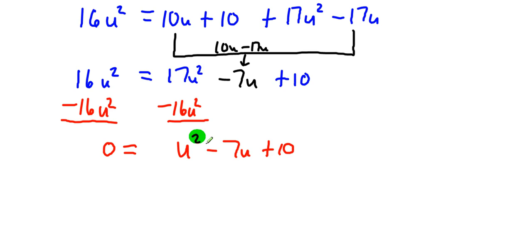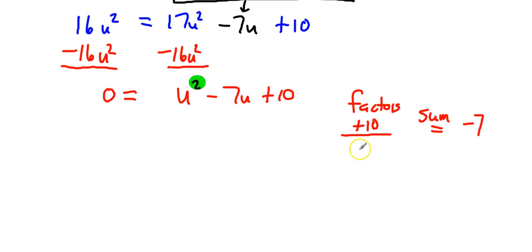And with this one, if it's u squared, then that means we're going to have to factor this thing. And the good thing is the first term is just 1, so we don't have to worry about doing the AC method. We're just looking for the factors of positive 10, where the sum is going to equal negative 7. And with 10, you only have two choices. It's either 1 and 10 or 2 and 5.